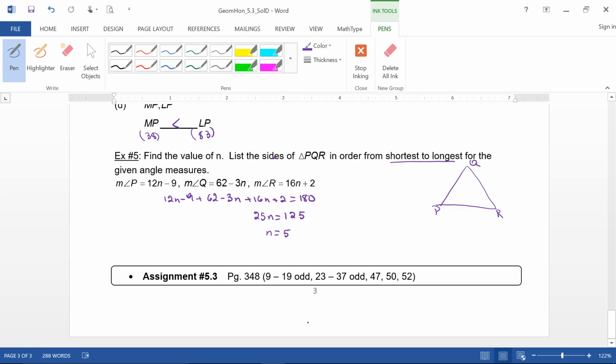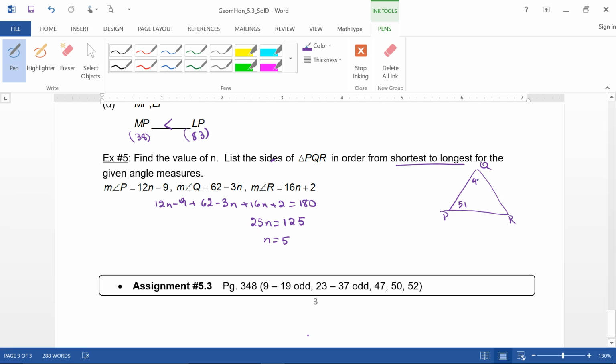So if N is equal to 5, how big is measure of angle P? 51. What about Q? 62 minus 15, 47. What about R? Anybody? 82.